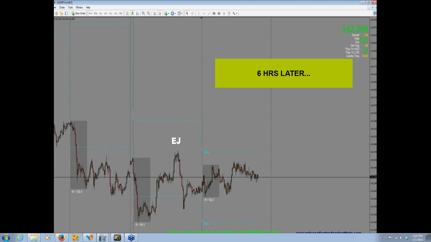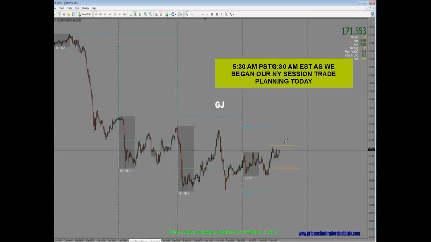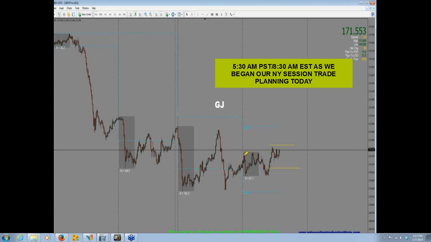Okay. Let's take a look at the GJ. The GJ, 5:30 a.m. Pacific, 8:30 Eastern, as we began our trade planning session. Notice this. Let's go ahead, take a look. Initially, the price action was to the downside, came back up a little bit higher, came back down, came back up, and then was back in this range.